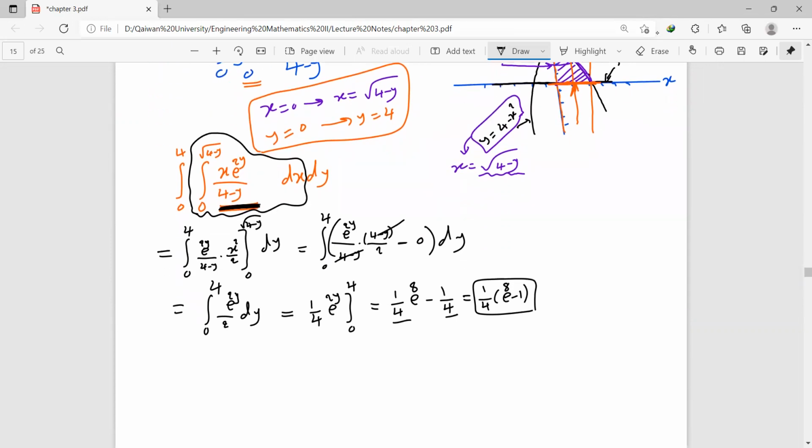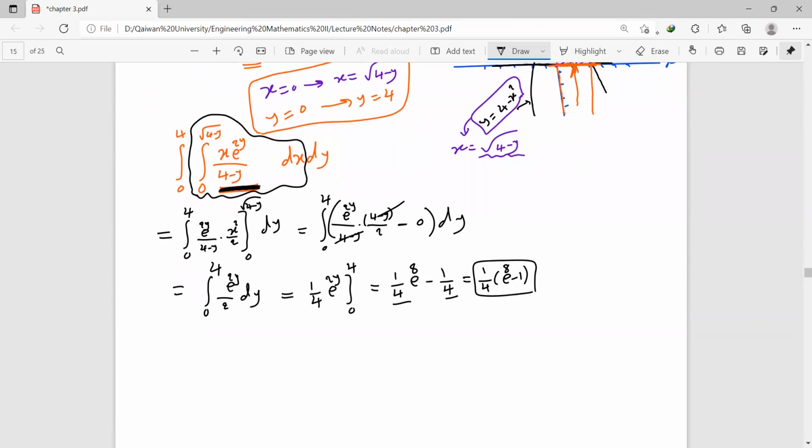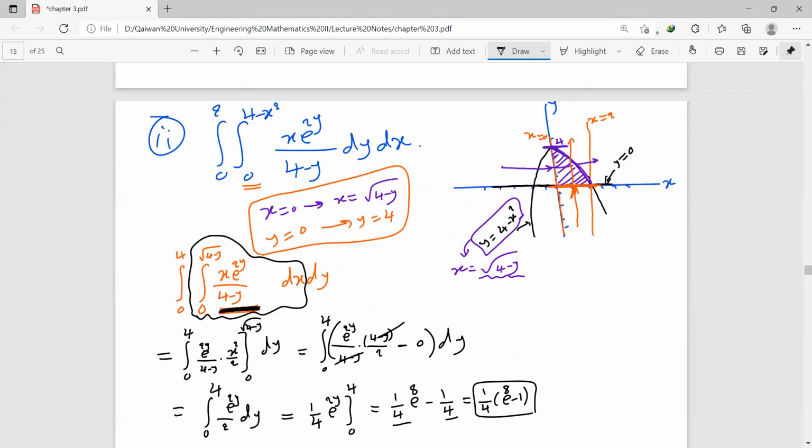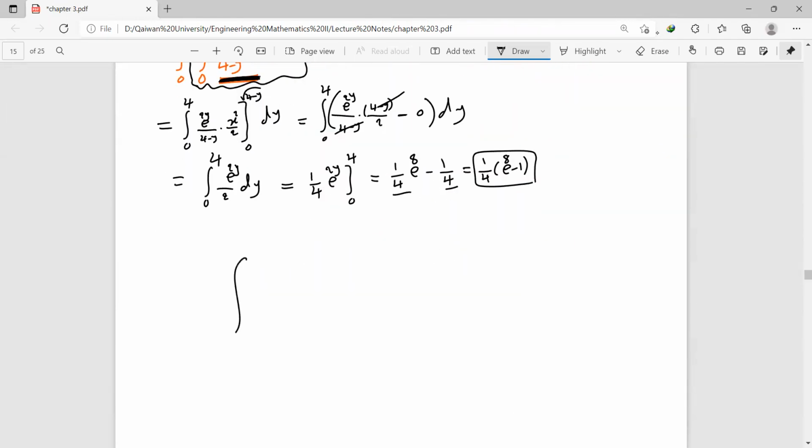Okay. Even if you cannot find the integration, you can reverse the order of the integration to find it. Here, for this integration, can you find x e to the power 2y over 4 minus y dy? It's impossible, it's difficult to find this integration.